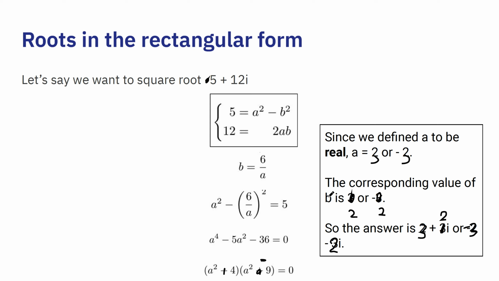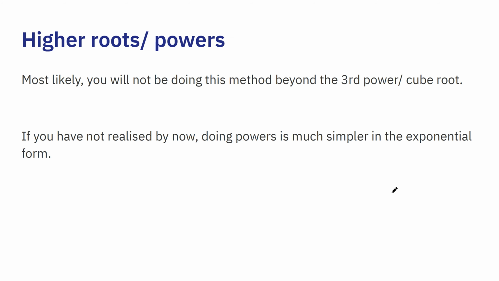The corresponding value of b would be 2 or minus 2; we just substitute it into the second equation. Then when we sub it back into our a plus bi, it's either 3 plus 2i or minus 3 minus 2i. So that's how you find the square root of a complex number.